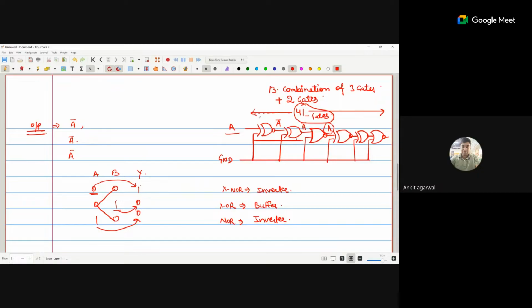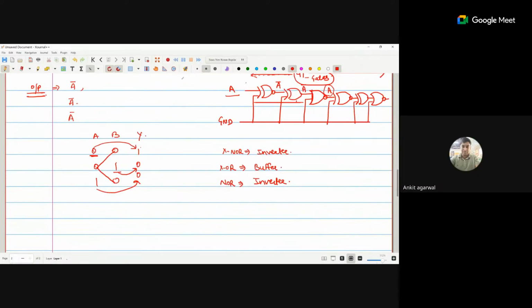So if I am taking this as a block, we are basically using a 13 block. Here we apply A, we are getting A. Again we apply A, we are getting A. Okay, so this is the 13 block.